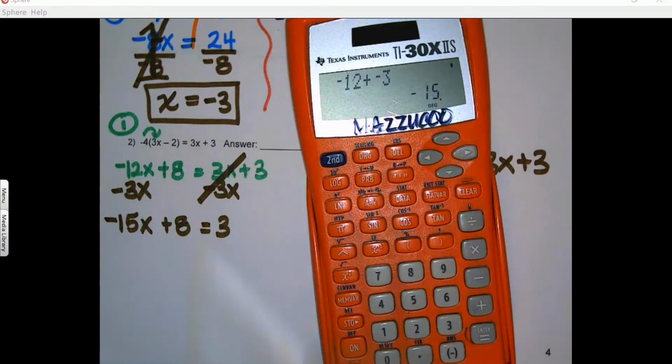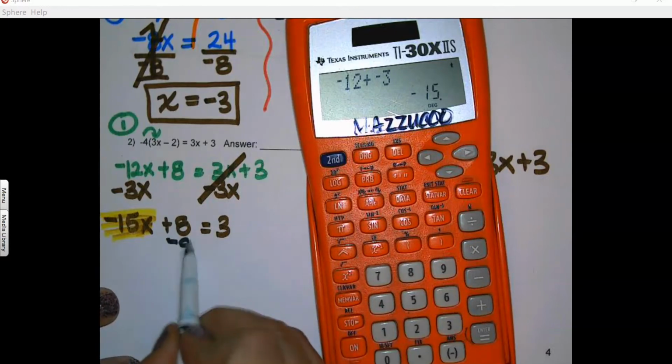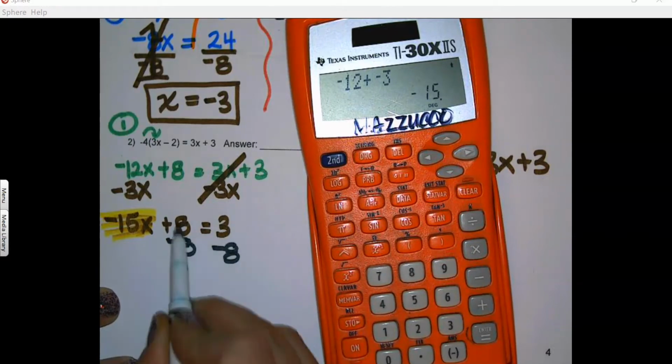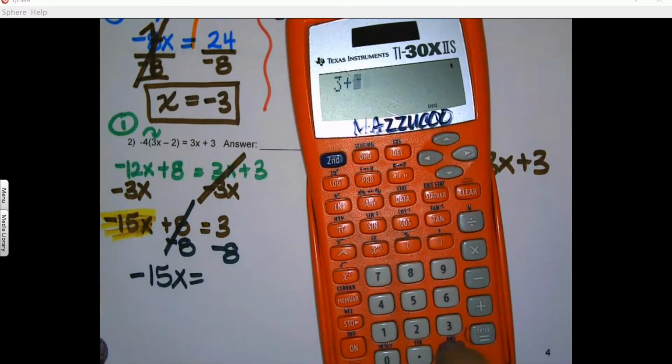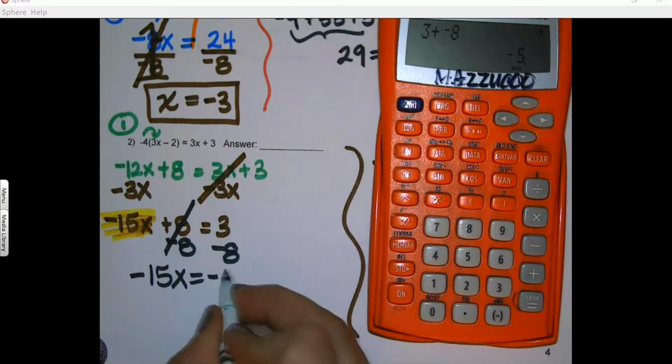Now I can do step 2. I can highlight where the variable is and then subtract 8 to both sides because I want to make this 0 here. And then a 3 plus a -8 is -5.